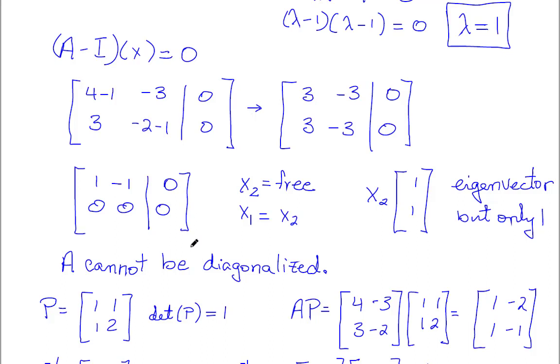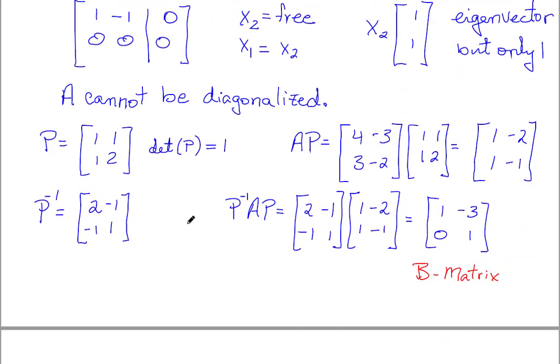All right, so they wanted us to find the B matrix for the transformation. So here's P. The determinant is 2 minus 1, which is 1.